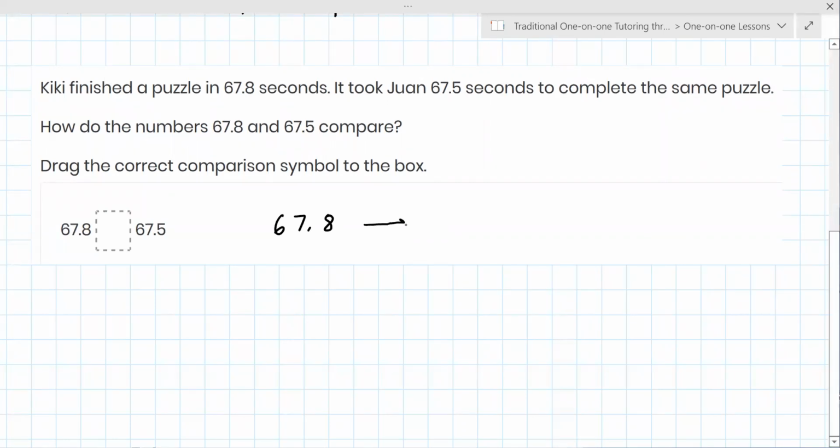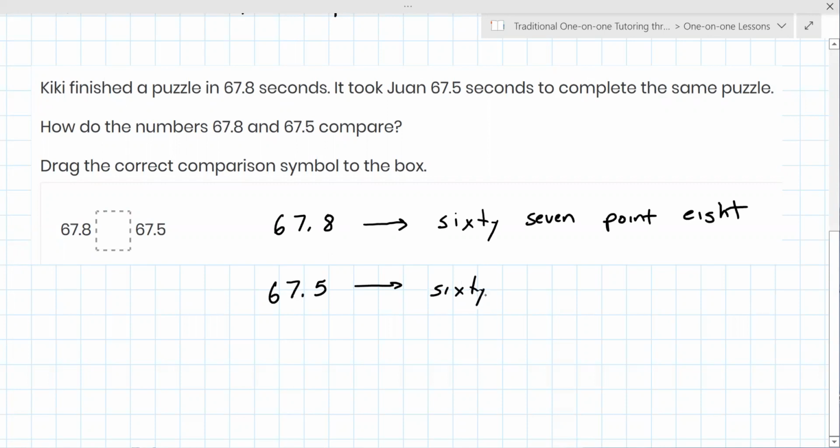Let's write out how to actually say this sequence of numbers. So you actually want to say it this way: 67.8. Could you read that out loud for me? 67.8. 67.5.